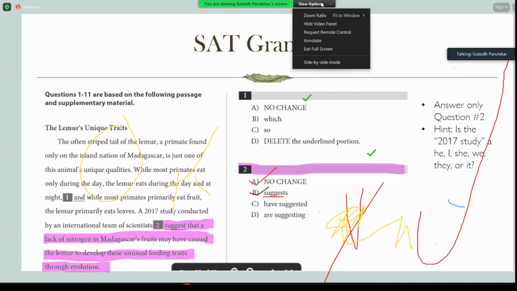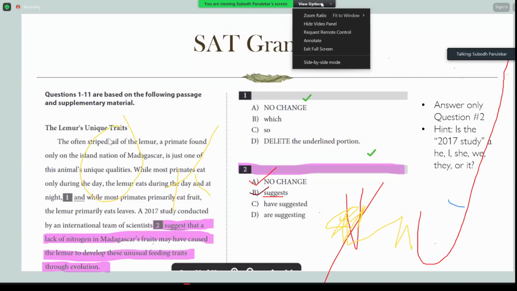We're only going to be focusing on question number 2. So basically, as you can see, there's no question written next to number 2. The way SAT works is that they want you to determine if the underlined word is right.